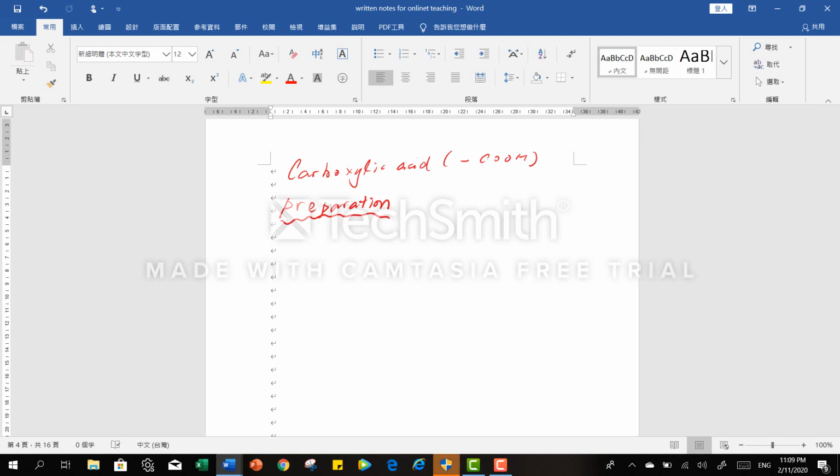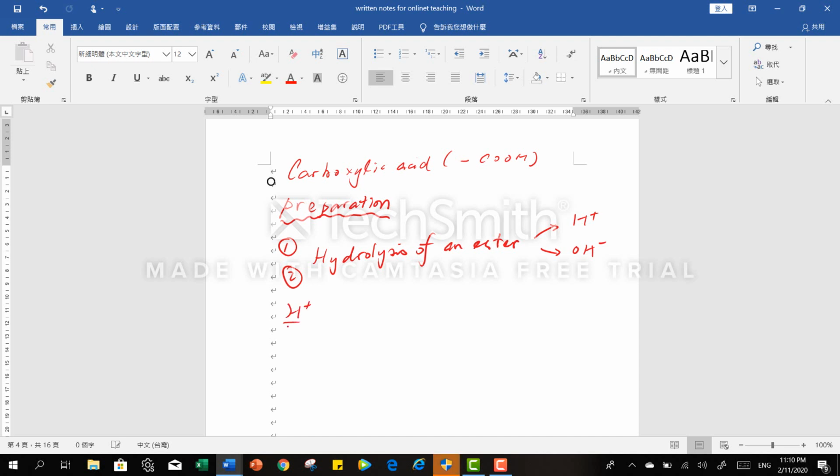Preparation, okay? There are three ways for you to prepare it. The first and the second, I will consider them the same. That is the hydrolysis of an ester. This is what we have learned in the previous chapter, okay? It's acidic and alkali respectively, right?